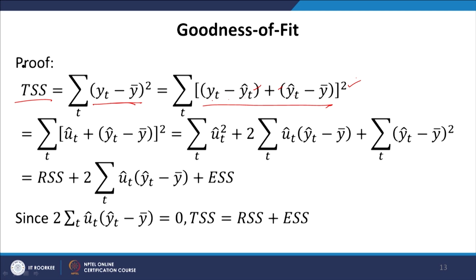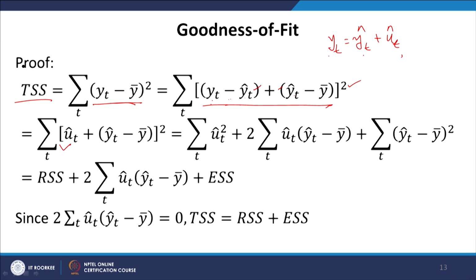Now, we expand it following the a plus b whole square formula. Before that, this yt minus yt hat is replaced with ut hat, because you remember yt was written as yt hat plus ut hat. So, yt minus yt hat would be ut hat.